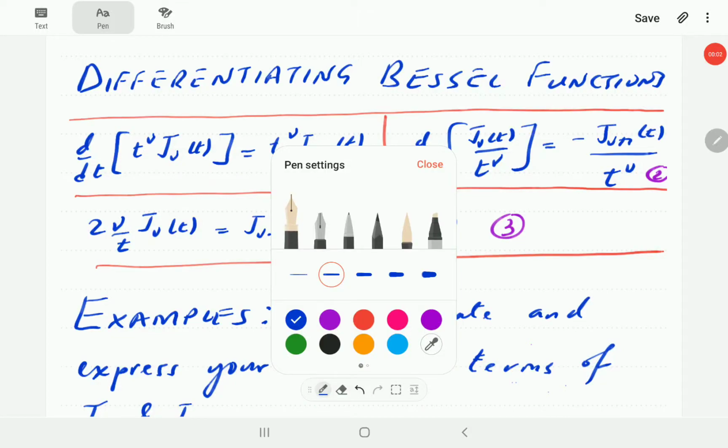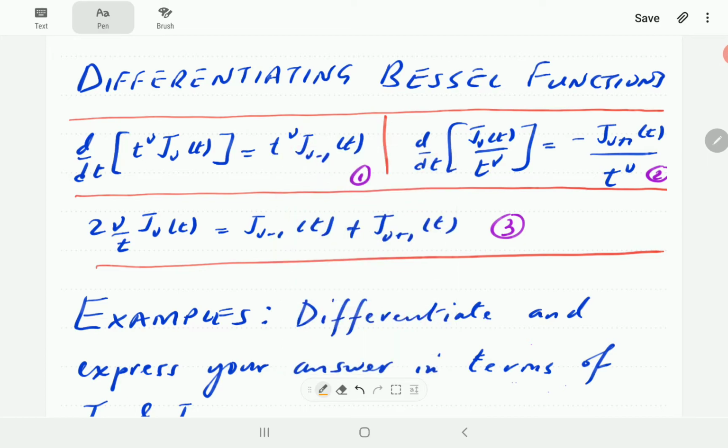Okay, in this video we're going to look at how to differentiate Bessel functions. We're going to use these three formulas here. The first two are the differential identities. The first one, the derivative of t to the ν J_ν, is t to the ν J_(ν-1).